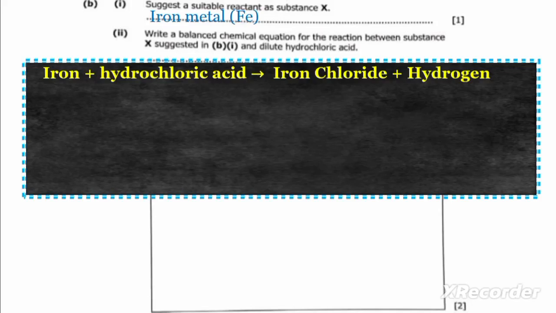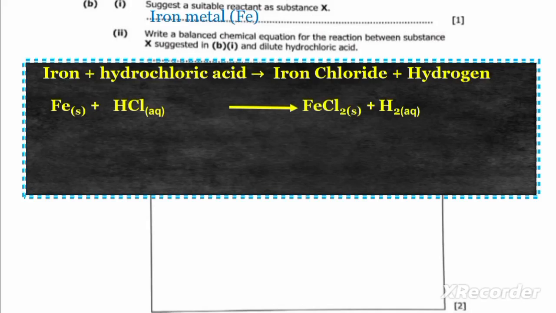Before that, we looked at 20 reactions, and one of the reactions was saying acid plus metal is equal to salt plus hydrogen. So we are going to say iron plus hydrochloric acid is equal to iron chloride plus hydrogen gas.